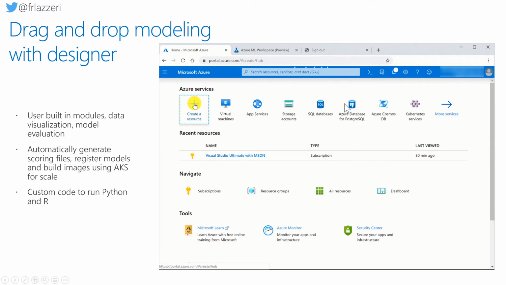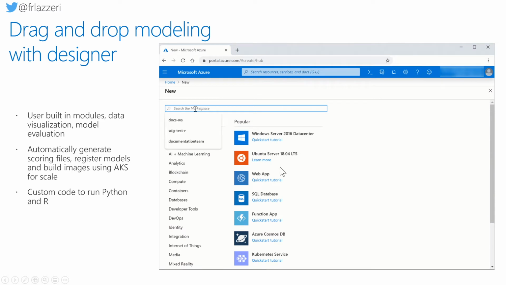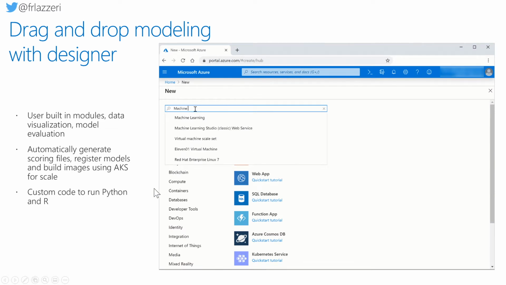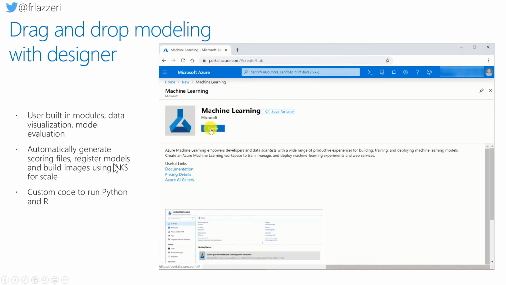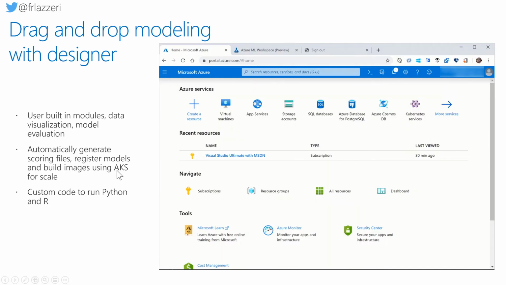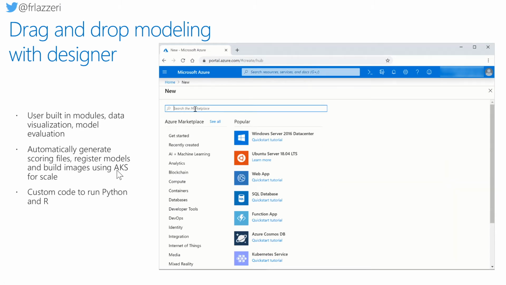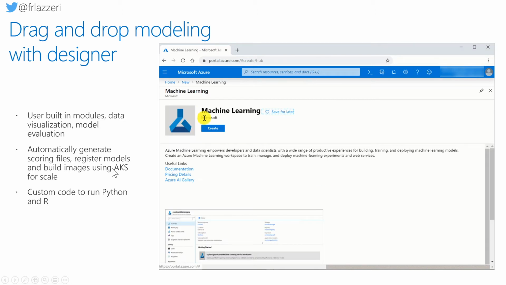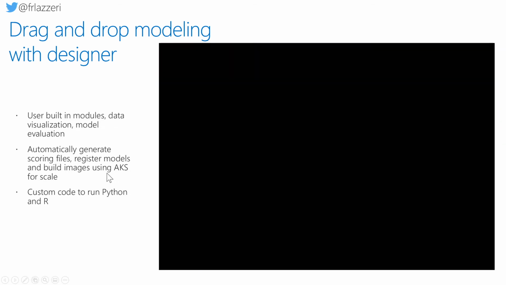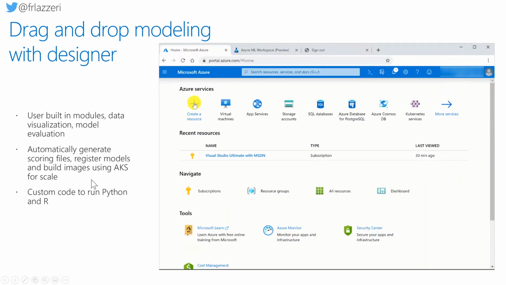When you are inside Azure Machine Learning, you can start building end-to-end solutions, end-to-end experiments, and you can use different modules, different data visualization, and also different model evaluation modules that can help you understand if you are building a good model, or eventually if you need to change something at the data level, at the feature engineering level, or at the model level.